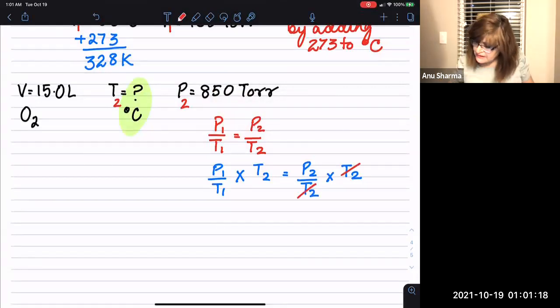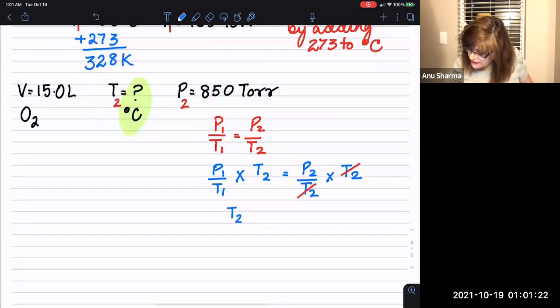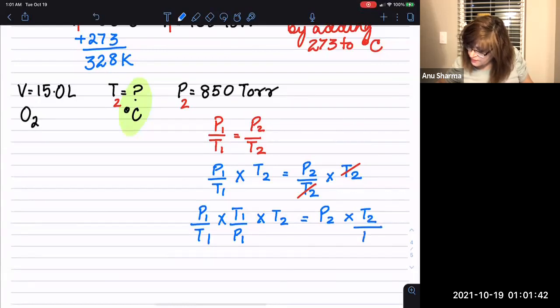Next, we need to bring T2 only on one side, and get rid of P1 over T1. In order to do that, you create the reciprocal: T1 over P1 times T2 is equal to P2 times T1 over P1.